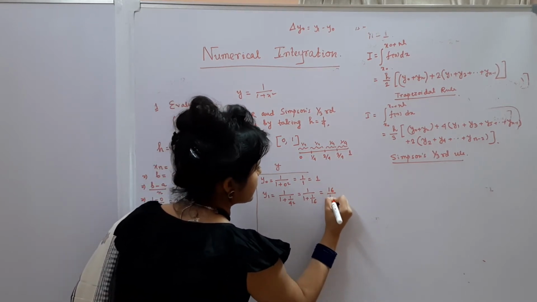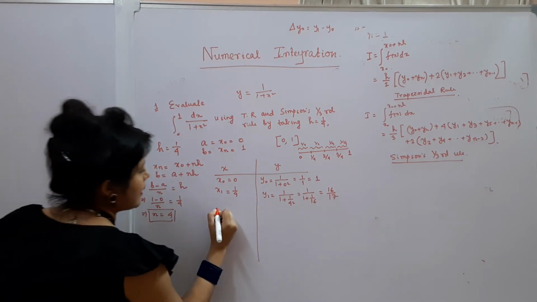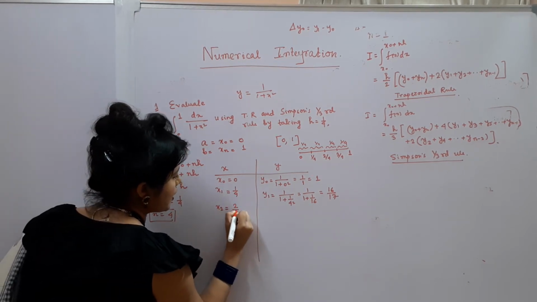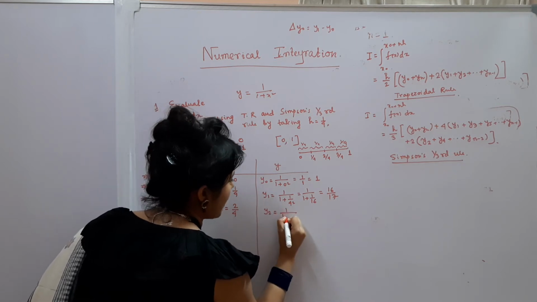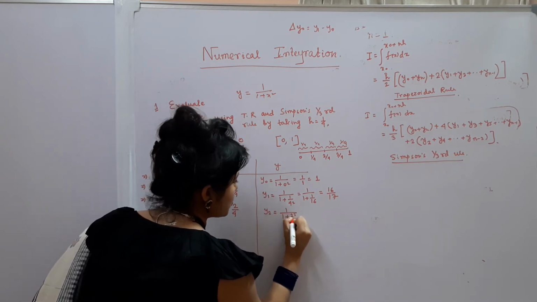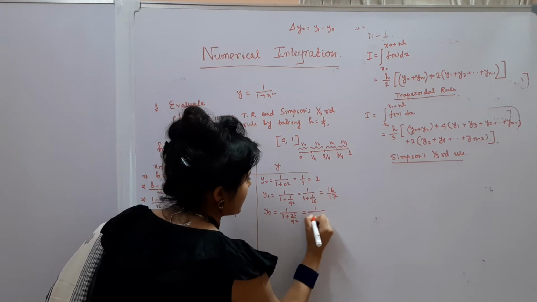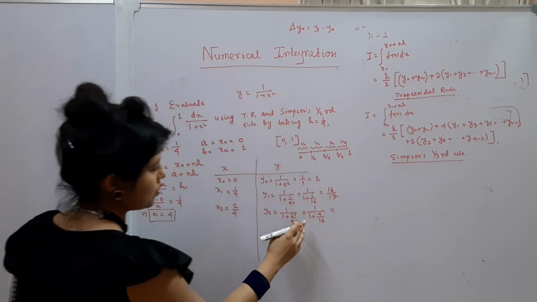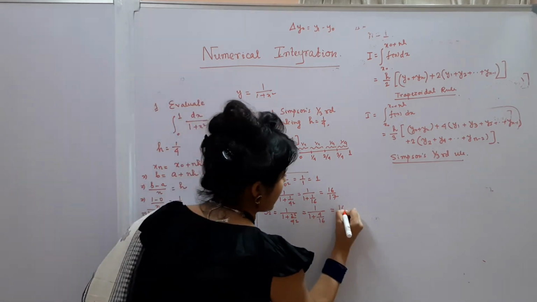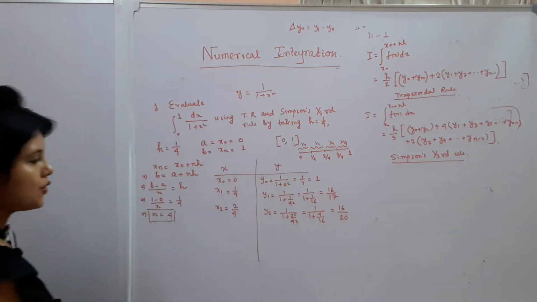So you can write it as 16 by 17. Now the next term would be 2 by 4. So y2 is equal to 1 by 1 plus 2 square by 4 square, so that is 1 plus 4 by 16, 20 by 16. So you can write it as 16 by 20.